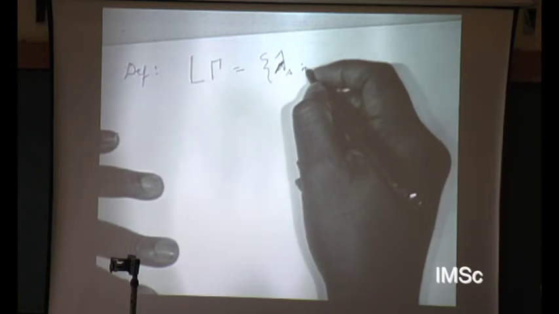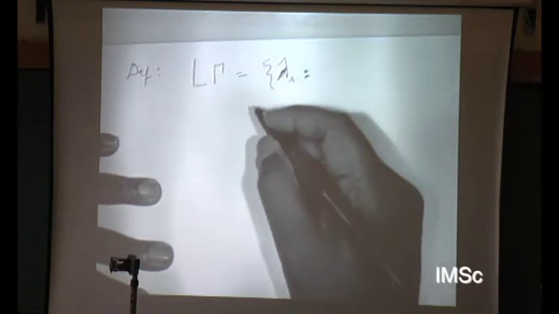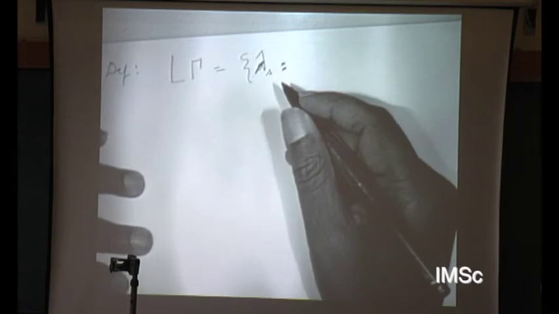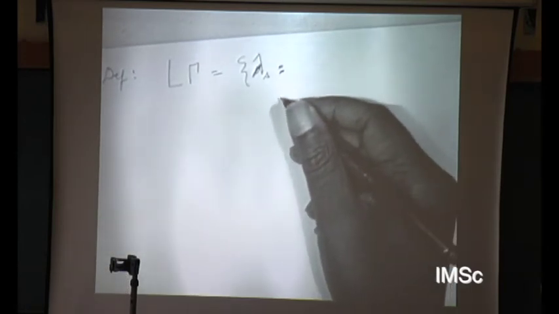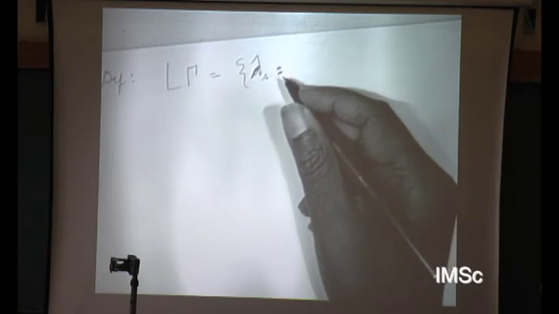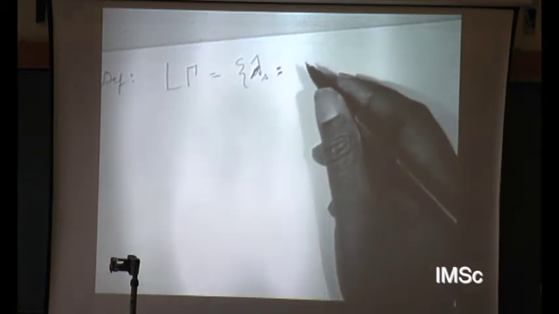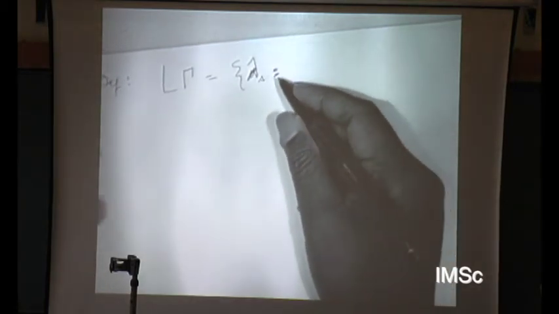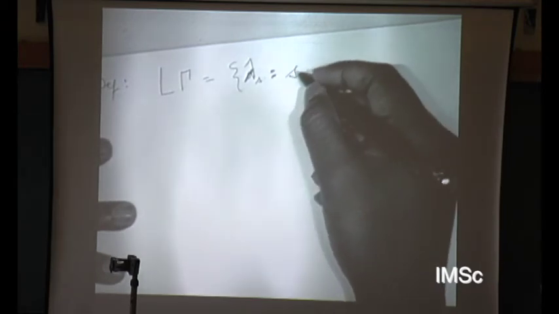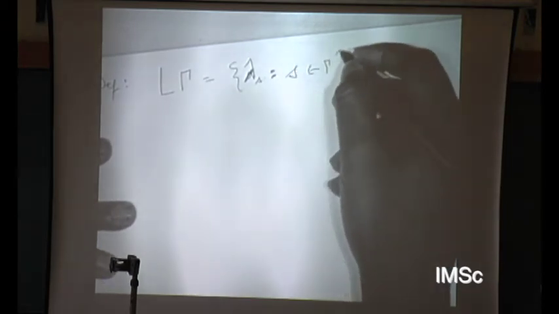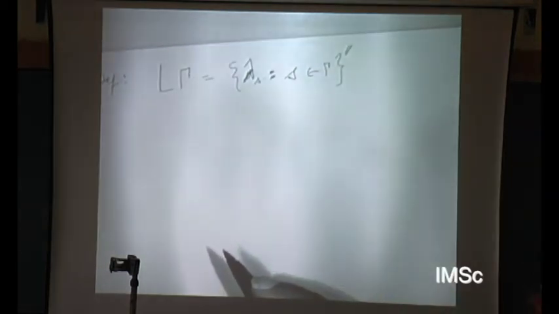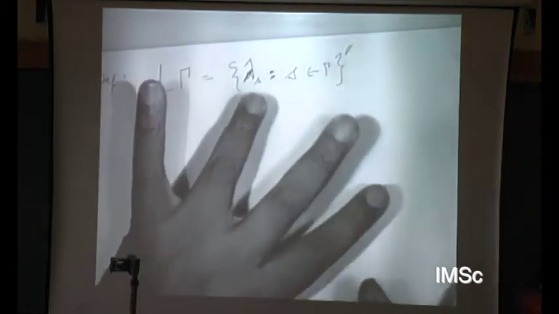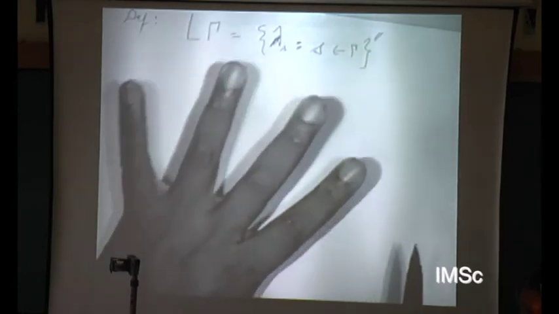This is a group of unitary operators, so it is closed under adjoints. The adjoint of lambda S is lambda S inverse. So I have the set of lambda S, S in gamma, double prime, a self-adjoint collection of operators.